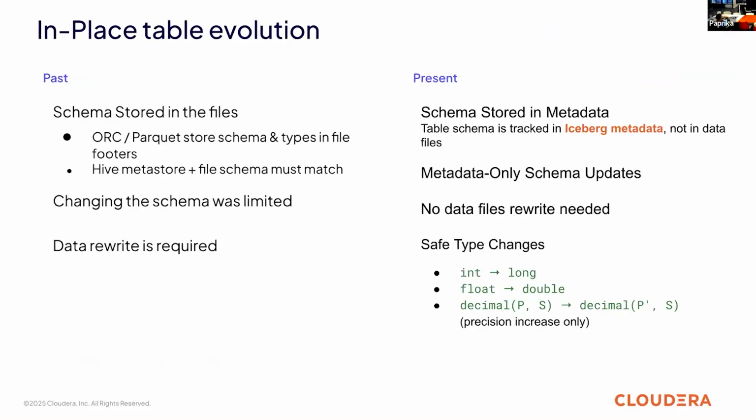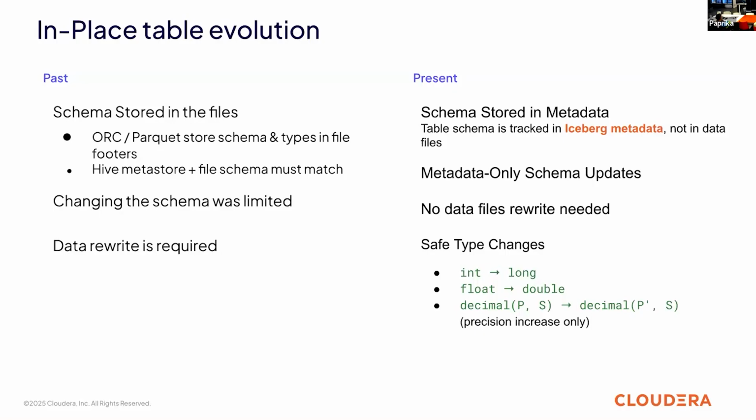Second, in-place table evolution. I don't like this word. In the past years, when an enterprise company wanted to change a schema, it was a problem. In the majority of enterprises, the schema only changes twice a year. The startups change 30 or 50 times more than the enterprises.